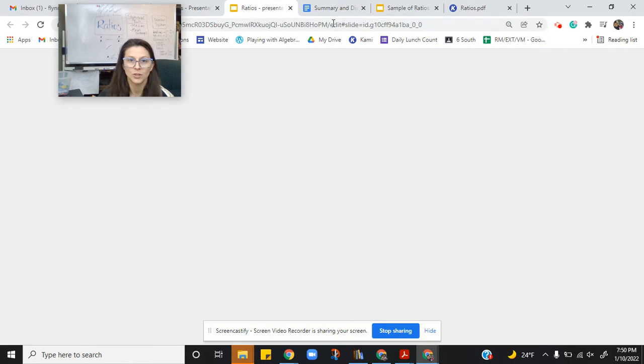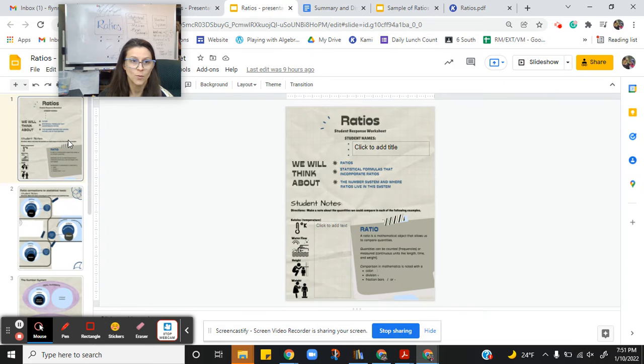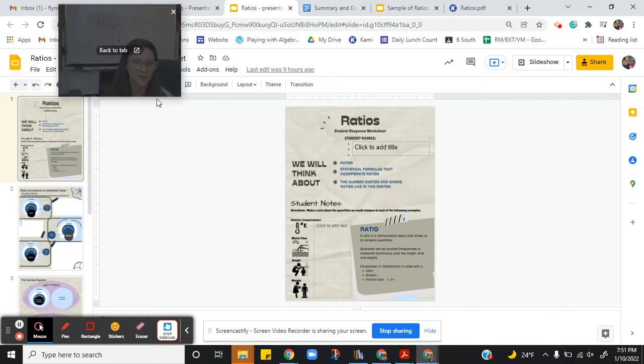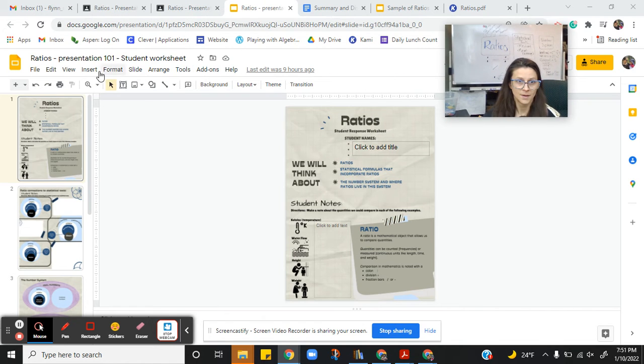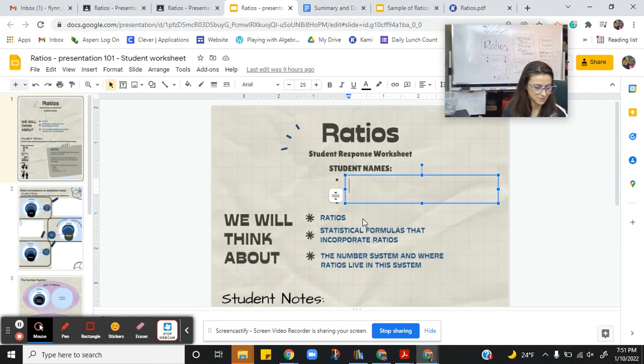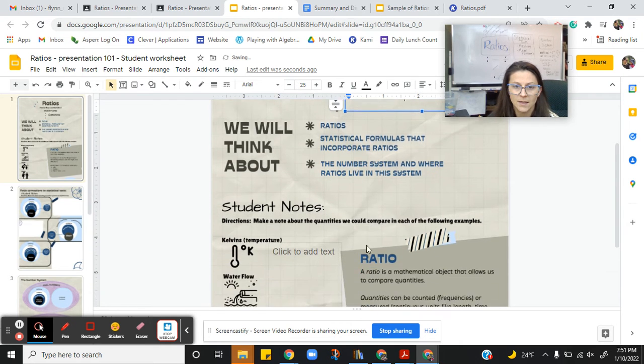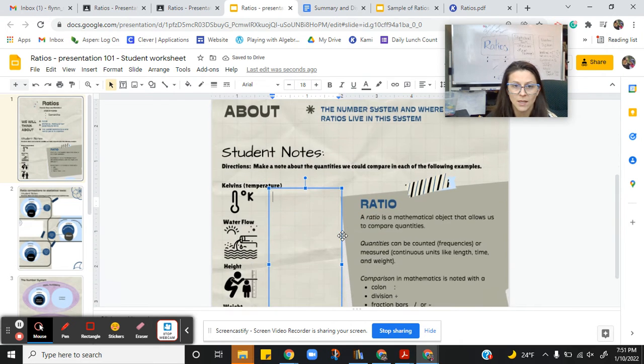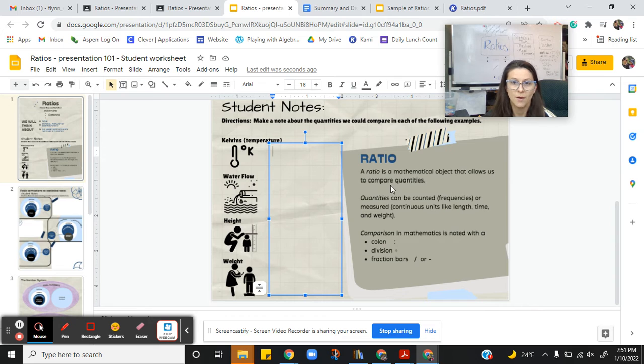What you will do with your corresponding worksheet is, let me zoom in. So write your names here, obviously. And in the notes here, I would like you to take some time to think about the quantities you could compare in each of the following examples.